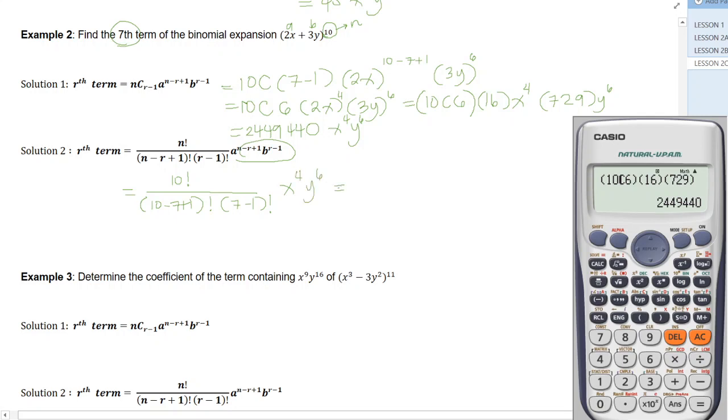So if we are going to calculate that, that is 10 shift factorial divided by 10 minus 7 plus 1 factorial, multiplied by 7 minus 1 factorial.